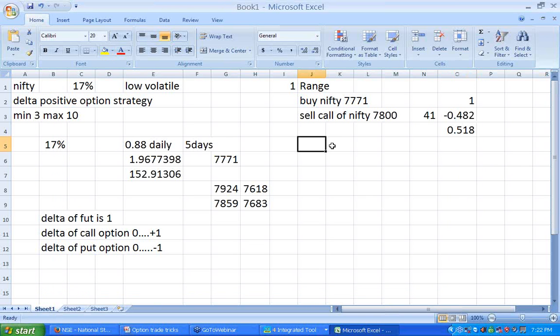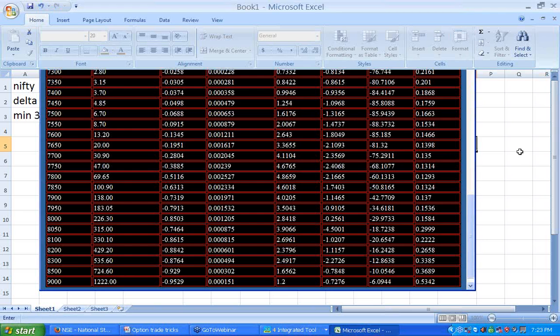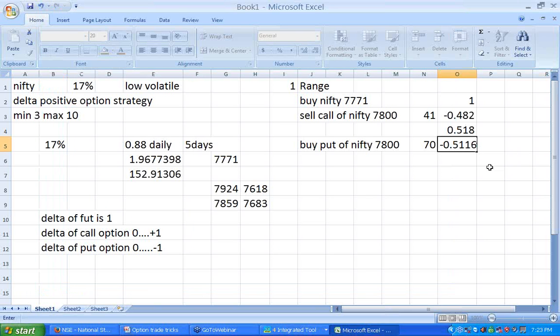So if I buy the Nifty 7800 put at 69 or 70, it also has a delta of minus 0.5116. So almost I have neutralized this to a net zero level. This is how my delta neutral position has formed.